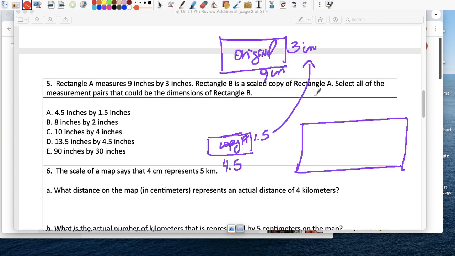Well, times 2. How do I get 4.5 to 9? Times 2. So the scale factor going bigger is 2, and if I went this way, a reduction, I multiply 9 times the reciprocal of 2, a half. So 9 times a half, is it 4.5? Yes. 3 times a half, is it 1.5? Yes. So does A work? Yes, it does.